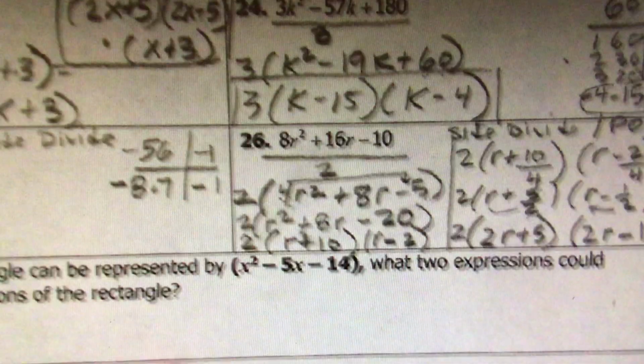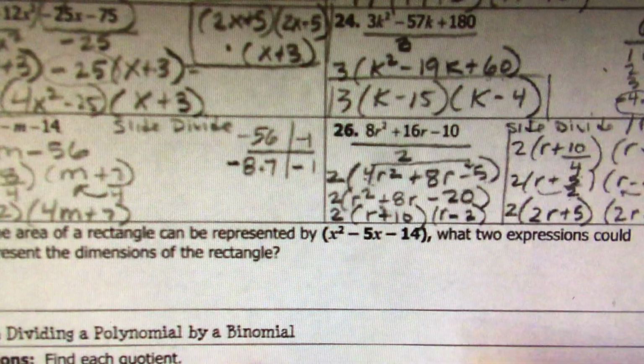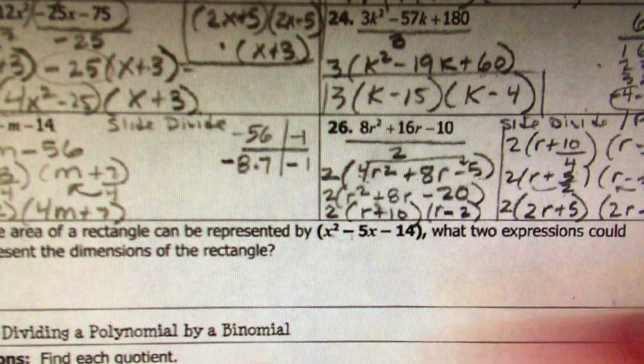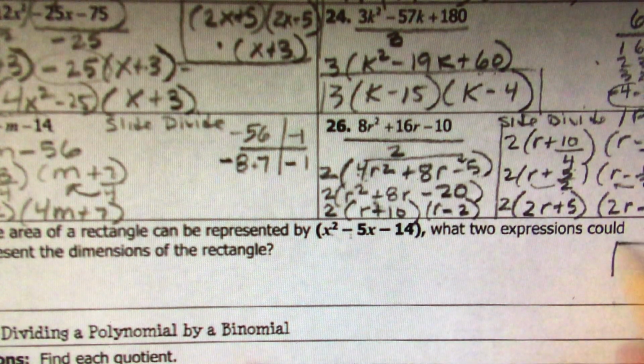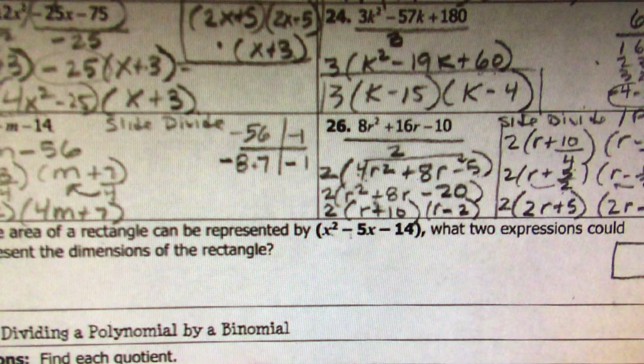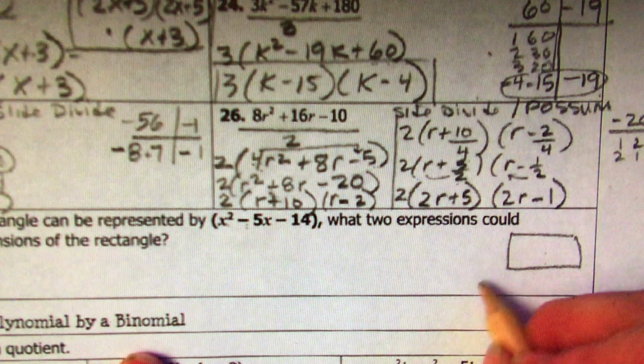Now, this is kind of cool. A rectangle can be represented. That means that the area, if you think about it, I can even draw a picture of this because I like pictures. The area of this rectangle, for example, is this.